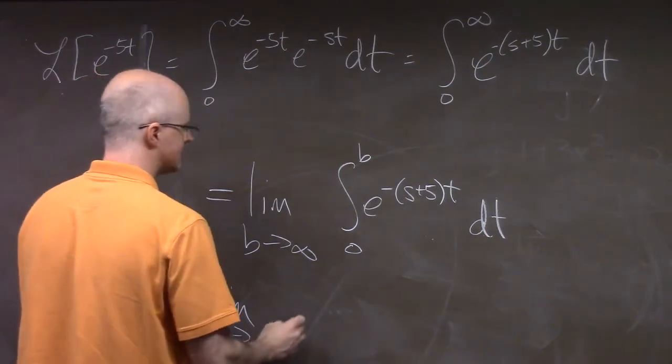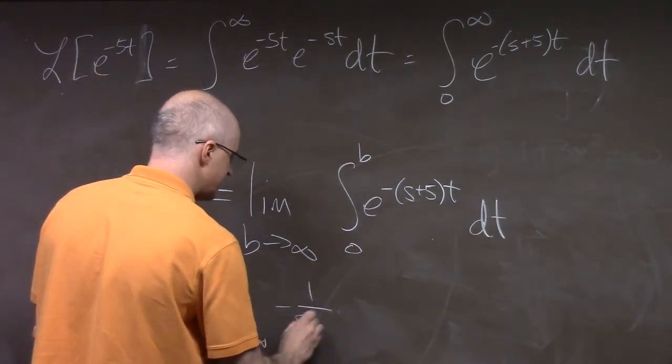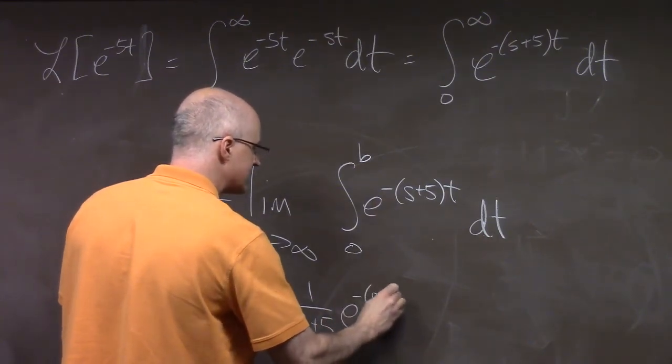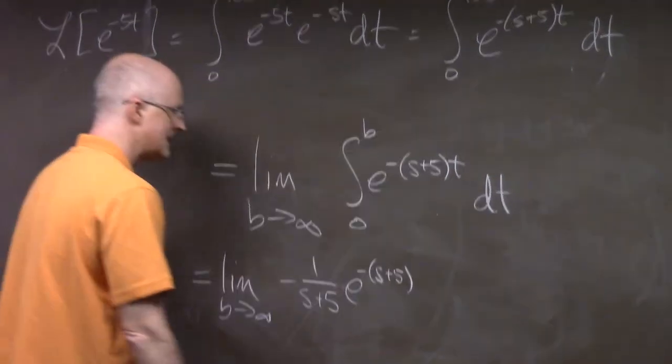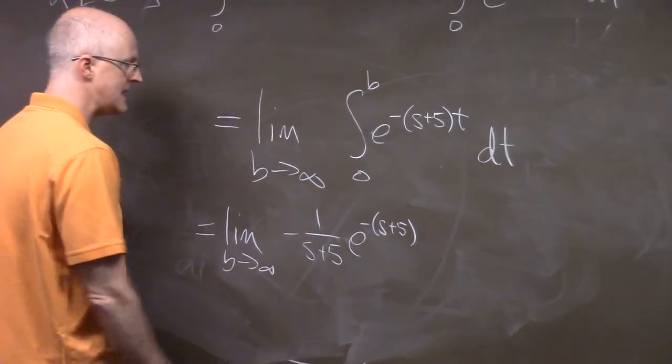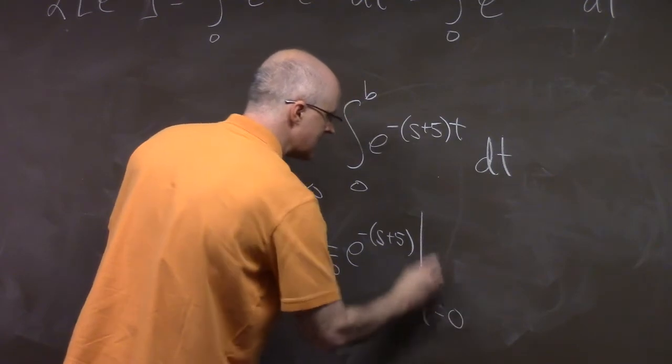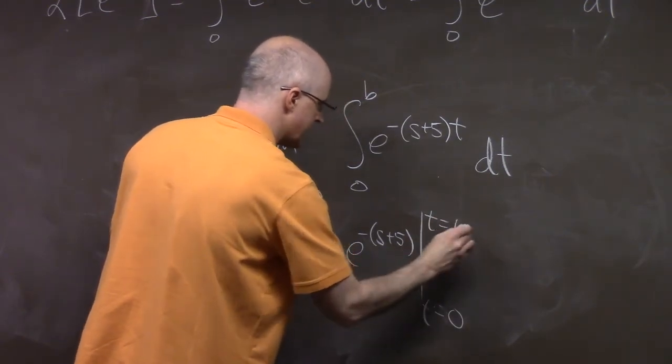You're going to get negative 1 over s plus 5 times e to the negative (s plus 5) t, evaluated from 0 to b. t goes from 0 to b, I should emphasize that, and I forgot my t in here.